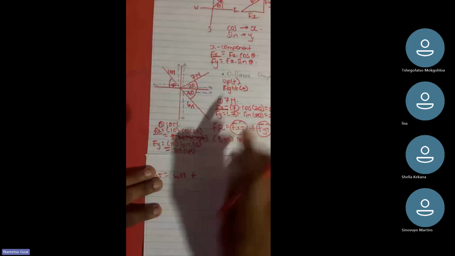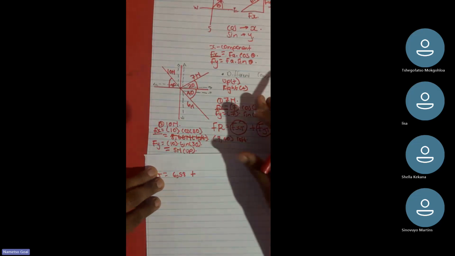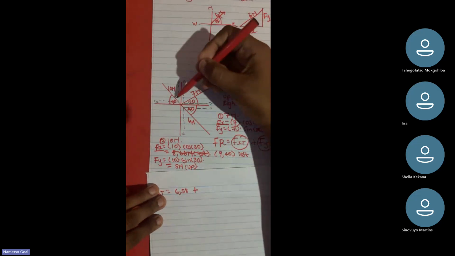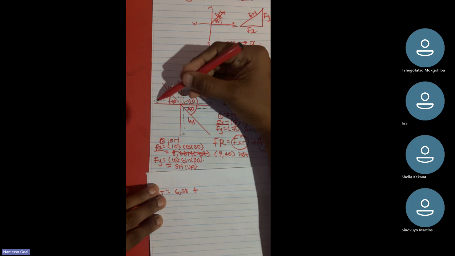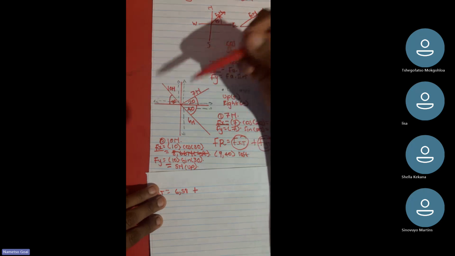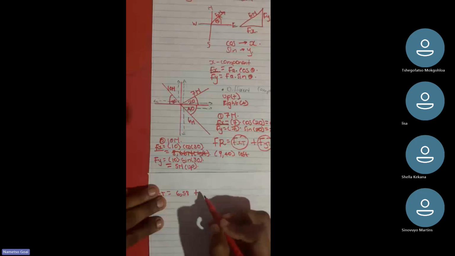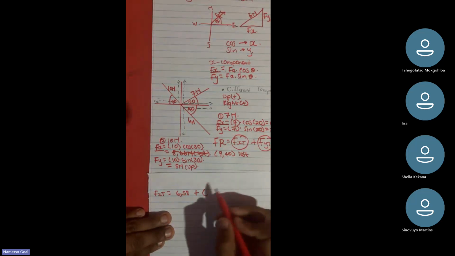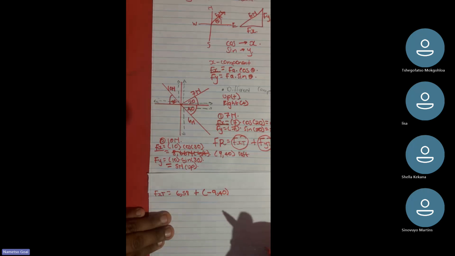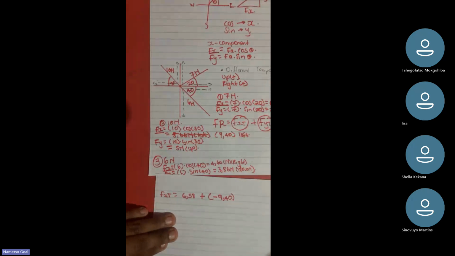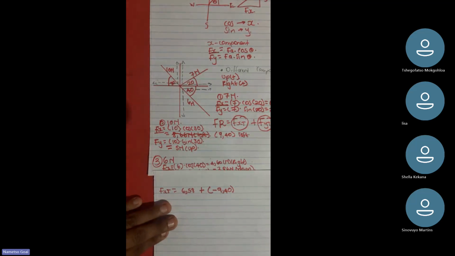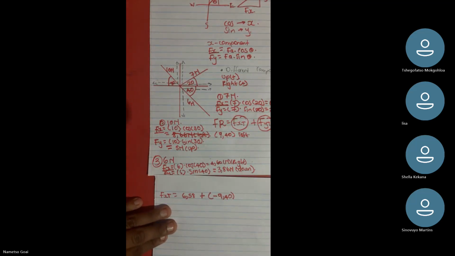Now the 10 Newton one is moving to the left on its x-axis, so it's going to be a minus. So when we substitute, we say minus 9,40. Do you understand why it's minus 9,40? Because it's moving to the left, and we chose right as positive.